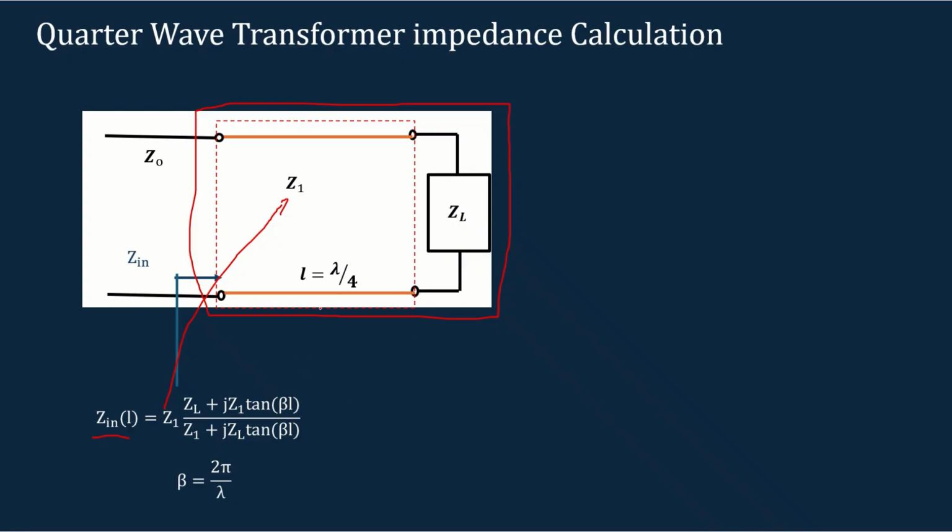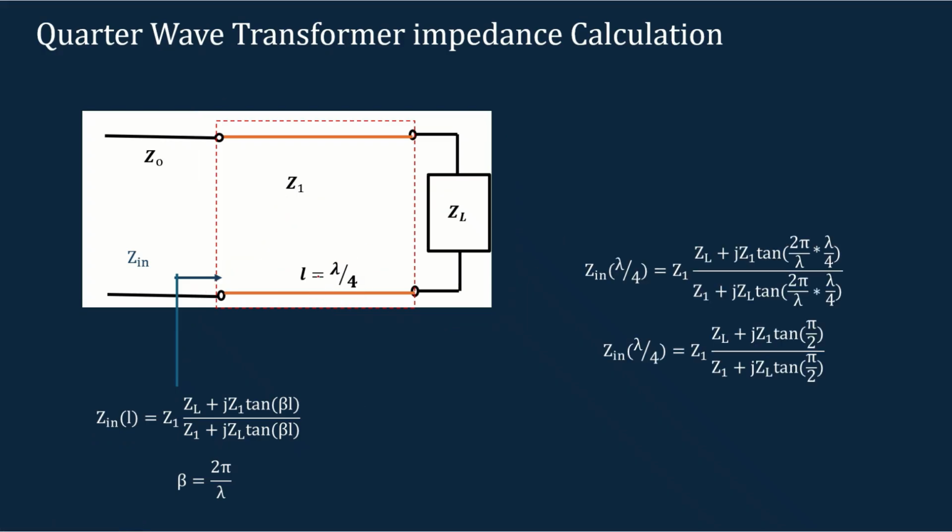In this case, the length L is equal to lambda by 4, and beta is given by 2 pi by lambda. So this is the expression for calculating the total input impedance of this system.